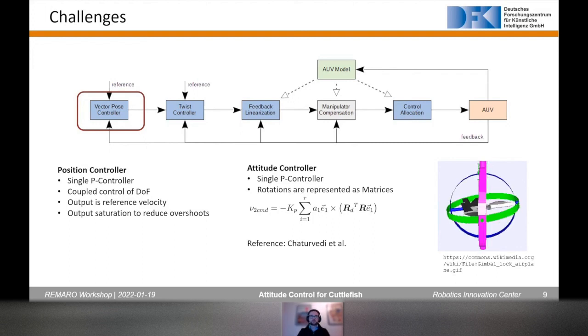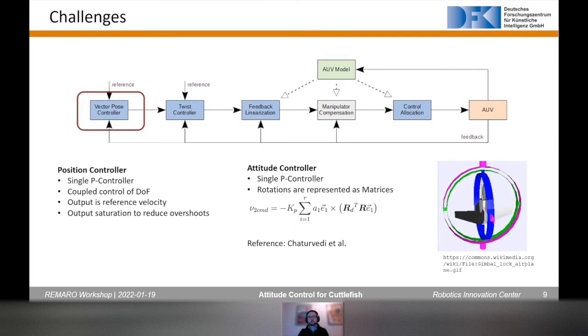If you have a position error, what the error essentially represents is a direction and a magnitude. This direction directly translates to the 3 lateral degrees of freedom that we have. So all we need to control is the magnitude of this error, to reduce it. And that's what we do.